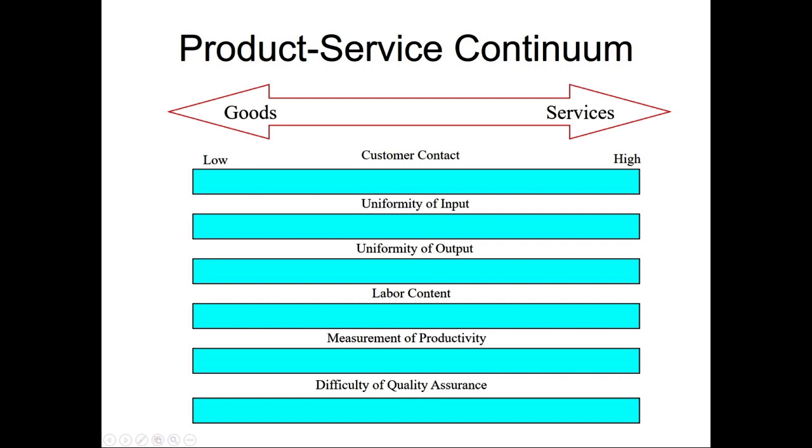When we have uniformity of output, it's going to be easy to measure. It's going to be easy to count, to control. Measuring productivity, we're going to be able to motivate our employees because it's easy to tell who's doing their work and who isn't. Quality assurance, is it going to be easy or hard? These are all issues of operations management. And having a framework, and I think you just put slashes on these bars, would be a great way to do that. So watch for that when you get in.